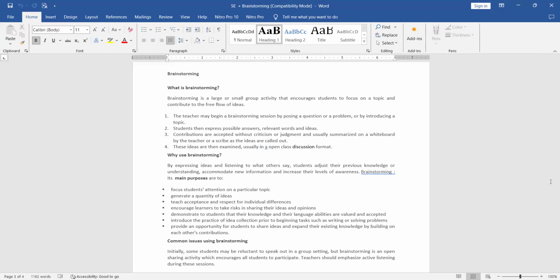Only once the brainstorming is done, the feedback to sort out what is relevant, what is irrelevant, what is yes, what is no, is done. If you get them to overthink about what they are going to tell, whether it's right, whether this is the exact word, there is no free flow of ideas. It's not brainstorming. You get my point?